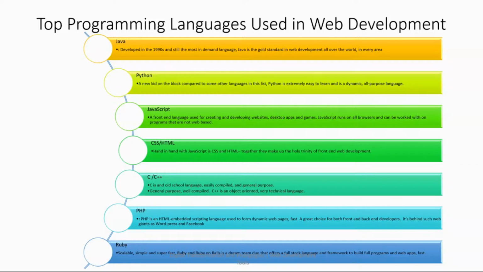Then we have PHP, which is an HTML embedded scripting language to form dynamic web pages. It's a great choice for both front-end and back-end developers. And Ruby on Rails offers a full-stack development framework to build full programs and web pages.